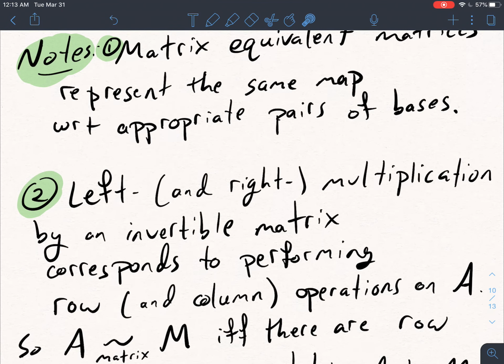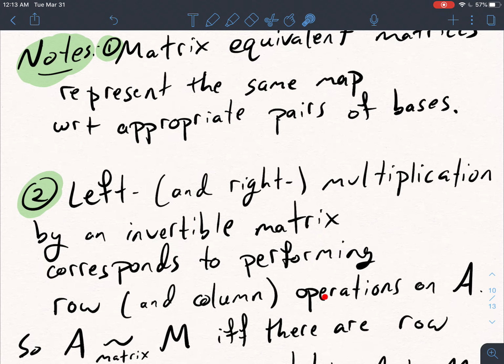Anyway, next point, which is pretty useful, is to recall. So we've already talked about left multiplication of invertible matrices, but the same discussion applies to right multiplication of invertible matrices as well.